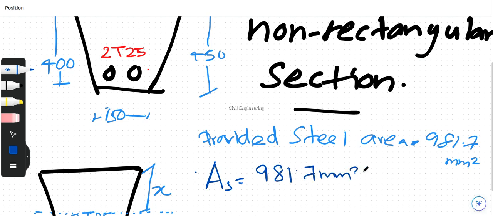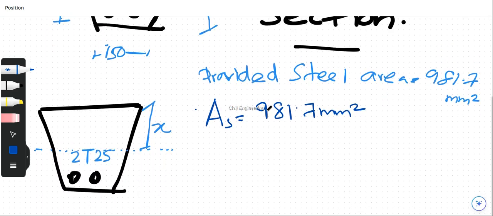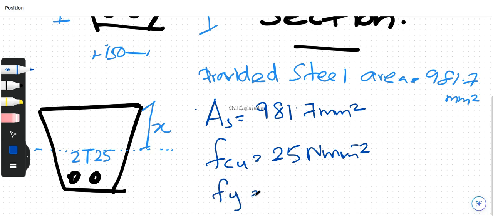It's only a single layer of steel at the bottom of the section, and I will take the compressive strength of the concrete as 25 newtons per square millimeter, and Fy, the strength of steel, as 460 newtons per square millimeter.